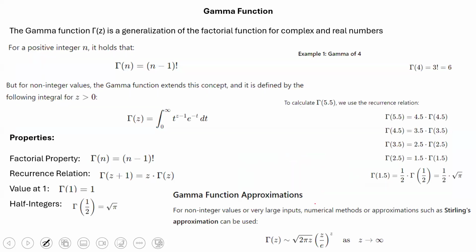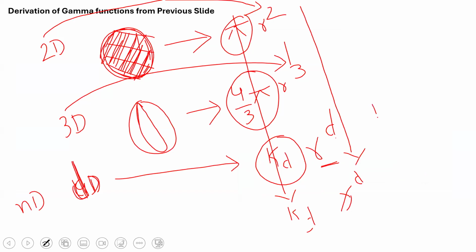That KD is given by pi to the power of n by 2 by gamma of n by 2 plus 1. So now to find the volume for any n, we just have to solve the gamma, right?